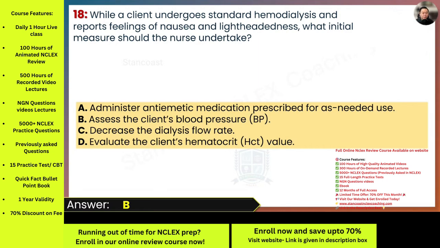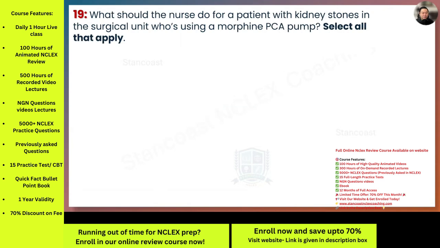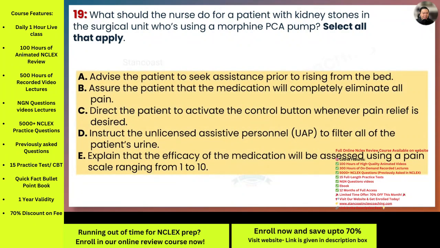Alrighty, let's have number 19. What should the nurse do for a patient with kidney stones in the surgical unit who's using a morphine PCA pump? Select all that apply. Options. A, advise the patient to seek assistance prior to rising from the bed. B, assure the patient that the medication will completely eliminate all pain. C, direct the patient to activate the control button whenever pain relief is desired.